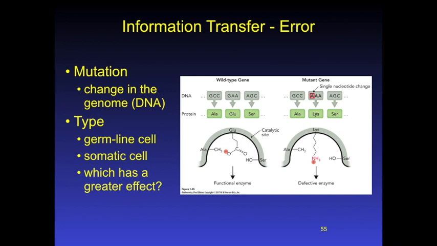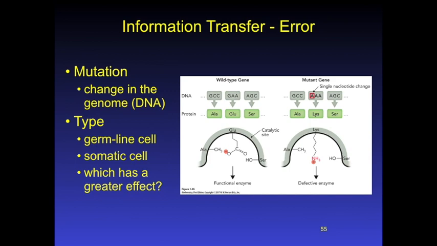A somatic cell has a certain amount of life, okay? You can have a cell that will be alive and functioning, and if it has a mutation, for that one cell, it may or may not get copied, and it has a finite lifetime.